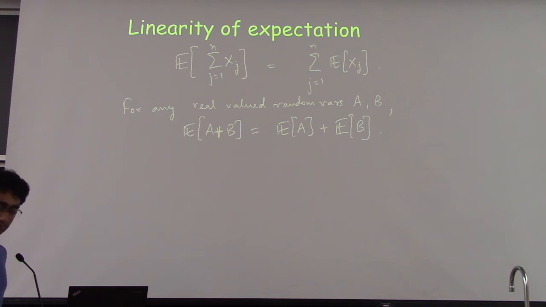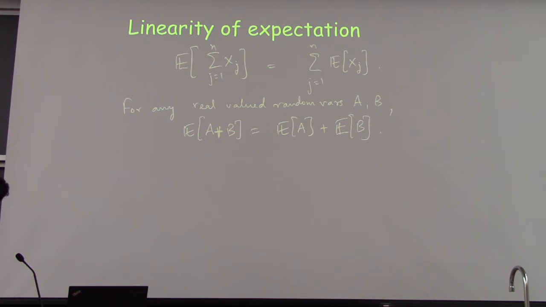You have to view this the right way. We won't go into the proof of this, but this is something that's very useful. This is called linearity of expectation, and it is true for any real valued random variables A and B.